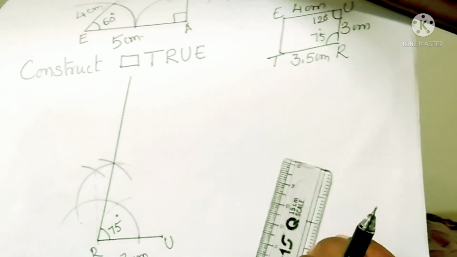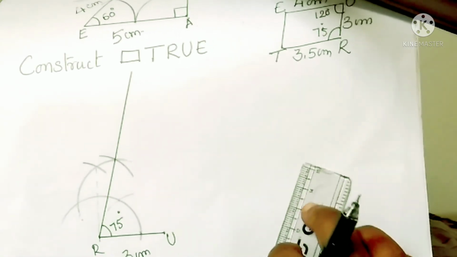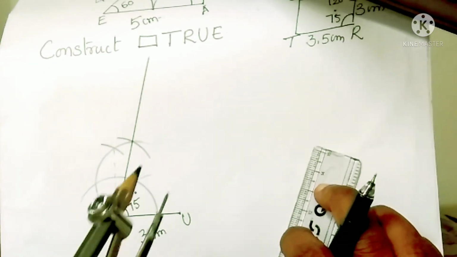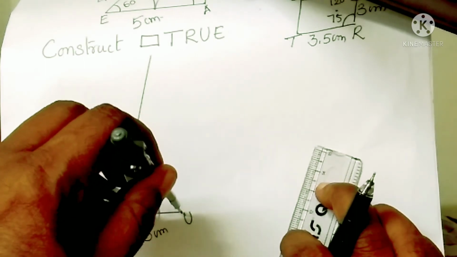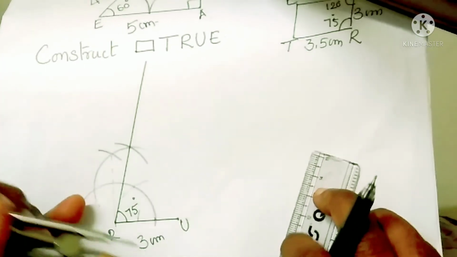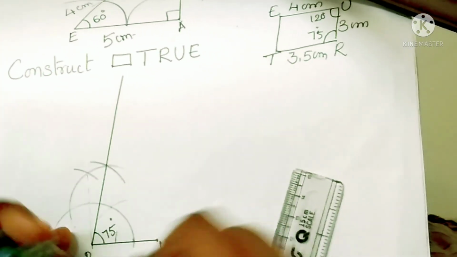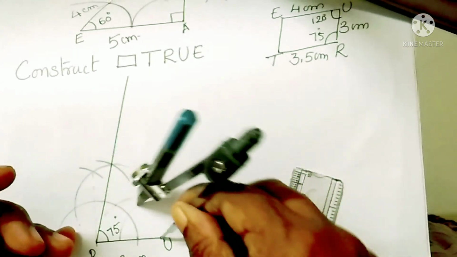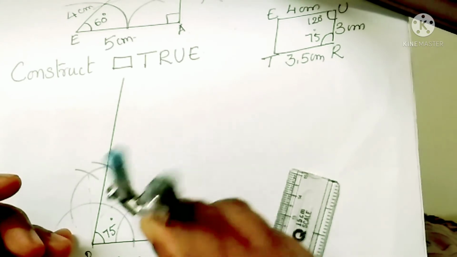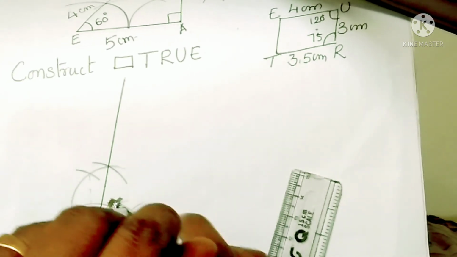The next angle is 120. So on U, you need to make 120. How will you make? Keep the pointer on U and draw one long arc.